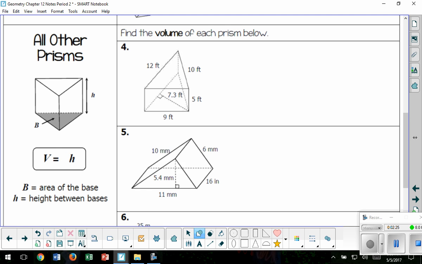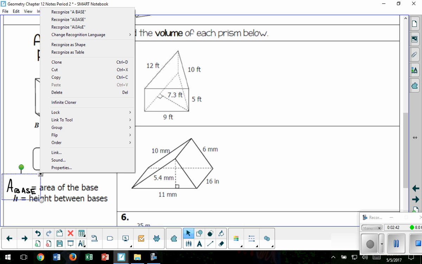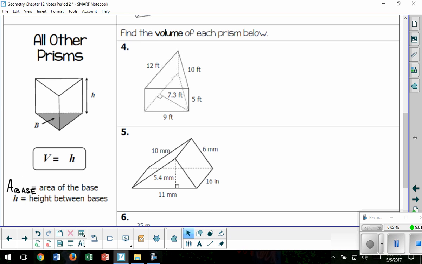The big B there, the big B there, is the area of the base. So the volume is the area of the base times the height.